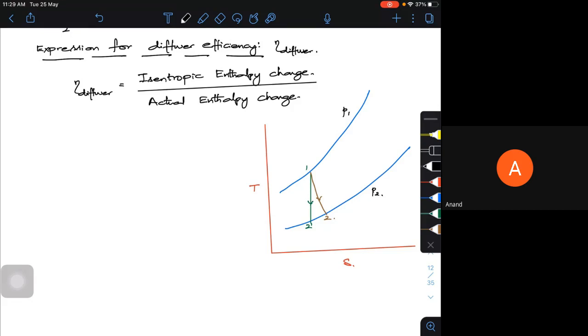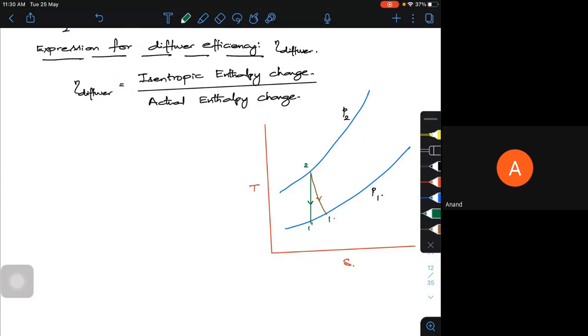I'm going to expand from 2 to 1, from higher pressure to lower pressure. So isentropically I am trying to expand from a particular pressure.